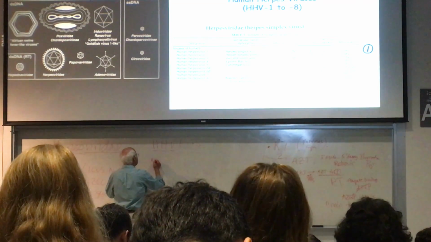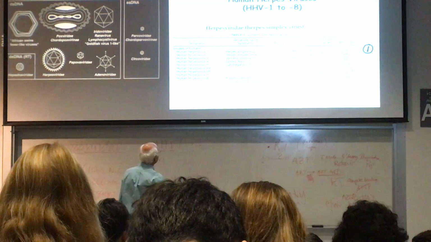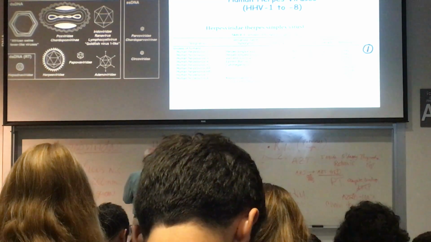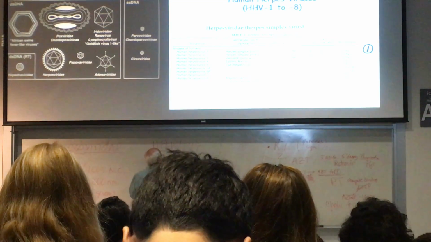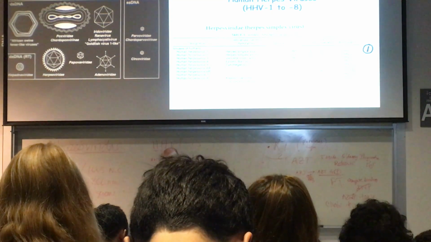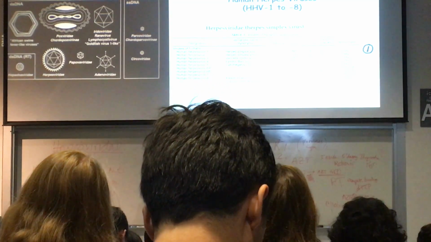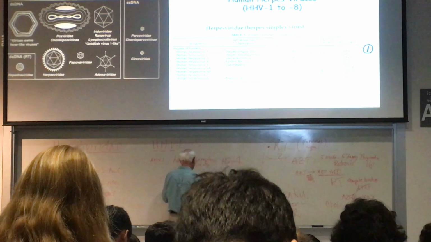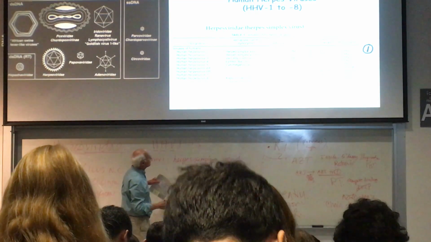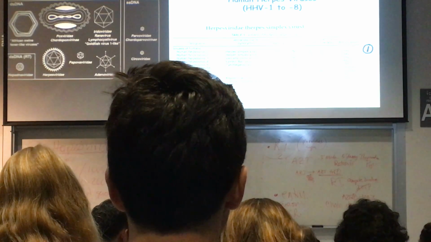Okay, HHV1, which you have on your table, is going to be our prototype. This is herpes simplex virus, designated HSV1. And so this is the virus that's the major cause of fever blisters.